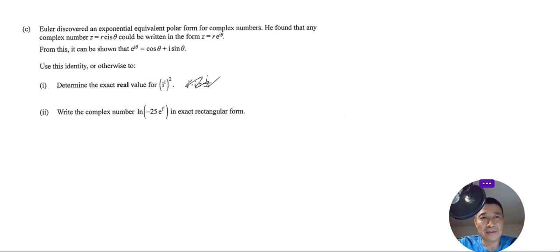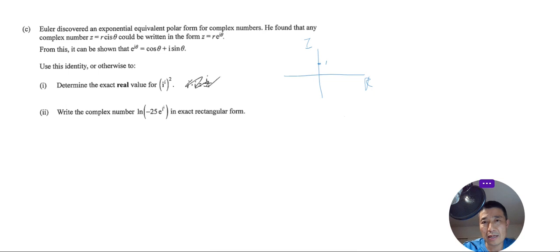Okay, now, i to the power of i squared. I believe we have to change i into polar form, right? So i is over here, isn't it? One, this is the imaginary part, and the real part.